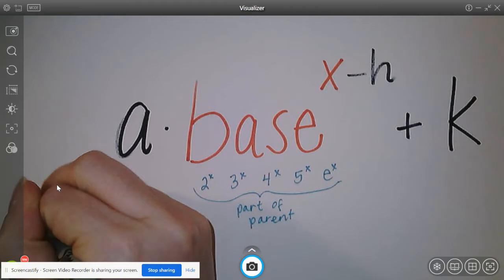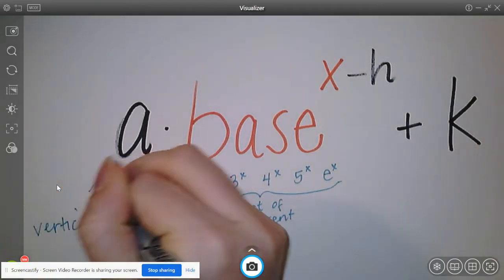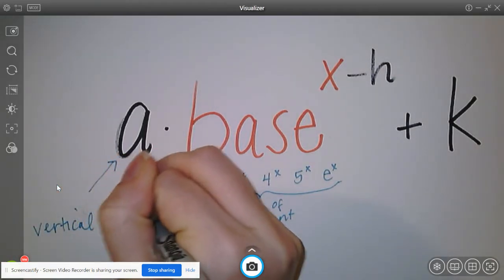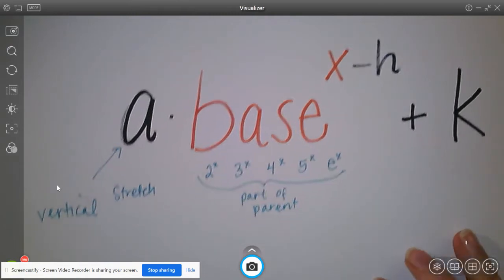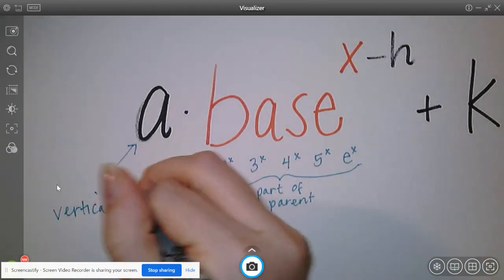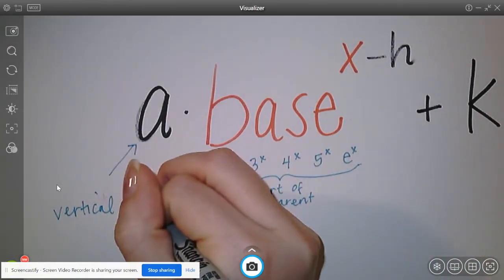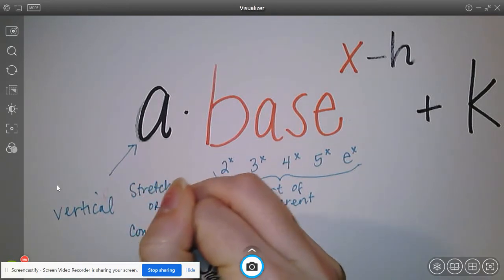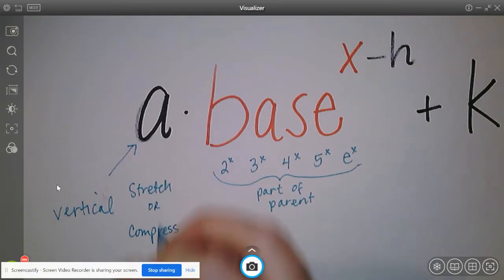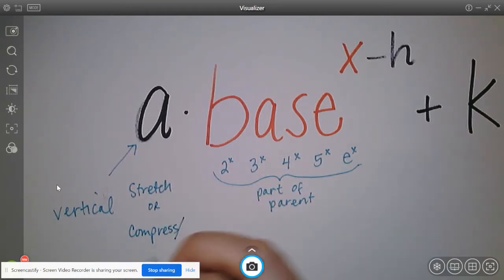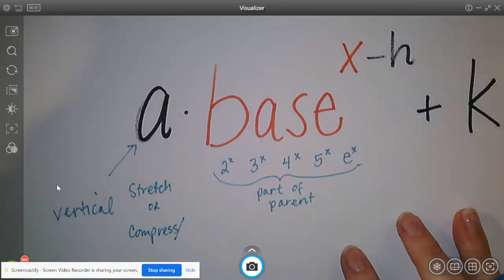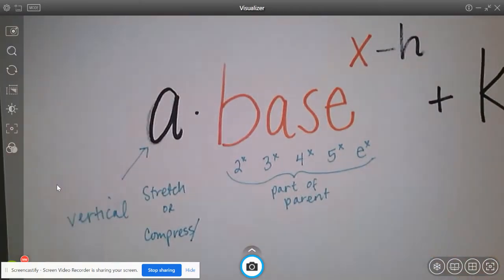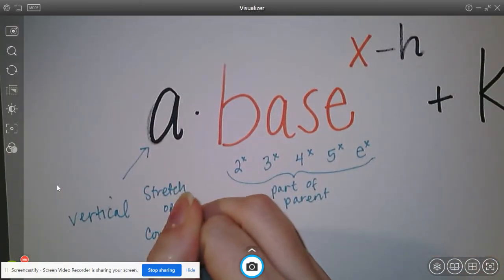We are going to either do a vertical stretch, so it is going to get skinnier, or it is going to compress. I think that the word that Big Ideas uses is shrink. Okay, shrink.